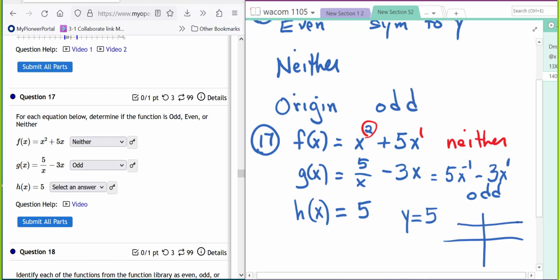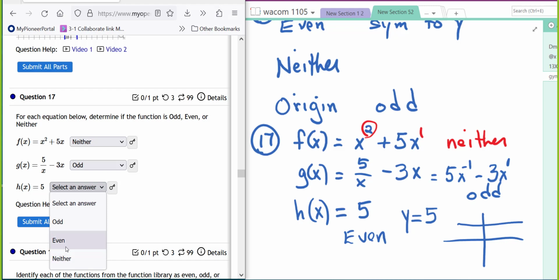So it's going to look something like that. So it is going to be symmetric with respect to the y-axis. It's the same going across here. So it is going to be even. So sometimes you have to think of things a little different way.